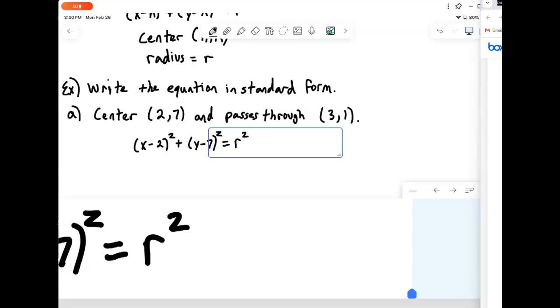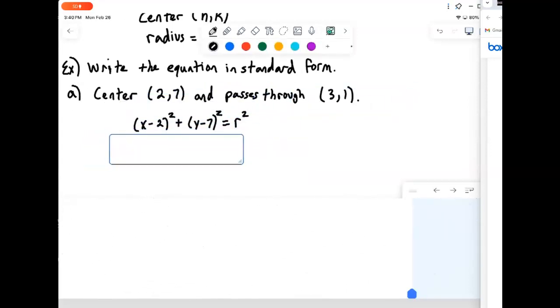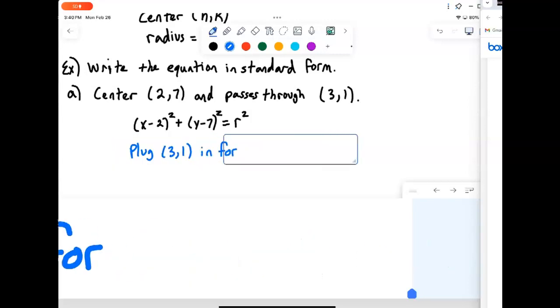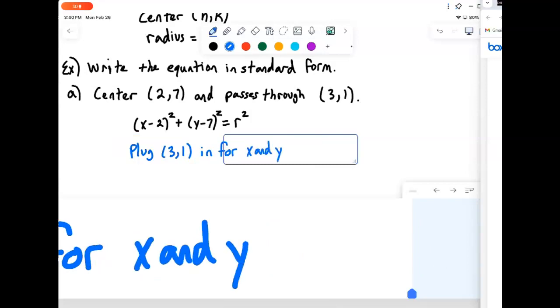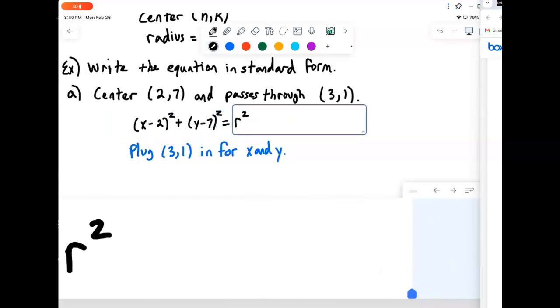Then, very much like what we did with our equations of lines, we now take the other information we have here, in this case the point (3, 1), and we plug that into our equation for x and y. Because that will give us an equation with only one missing piece, and it's exactly the missing piece that we want to find, the r squared.